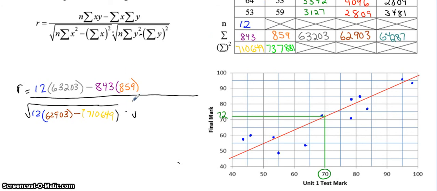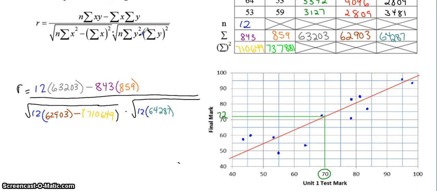And the second square root, once again, is n, which is 12, times the sum of the y's squared. So these were the y squares, so there's the sum, 64,287. Now, sorry, I made a mistake in this formula.